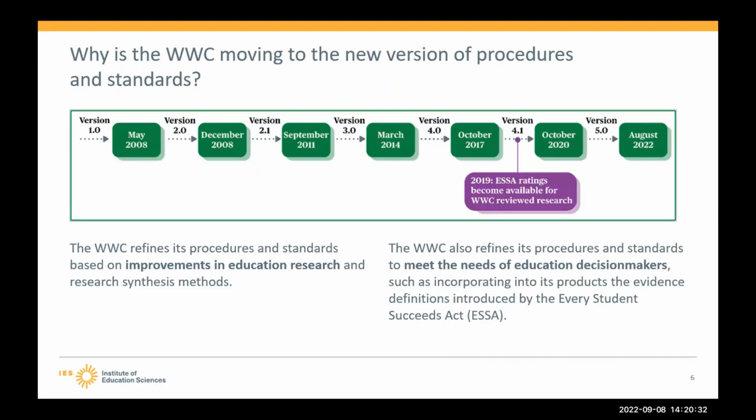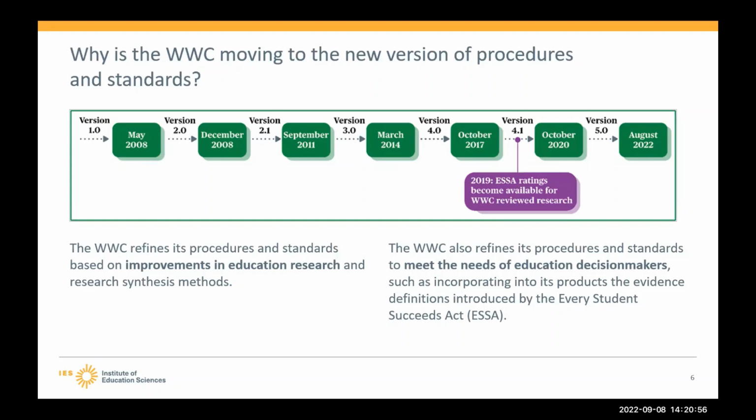Let's begin with a little bit of history. As you can see from this slide, the WWC released a new version of the handbook about every 3 years. So why is that? Well, the refinements to the handbook are based on improvements in education research methods and in the methods used to synthesize evidence.